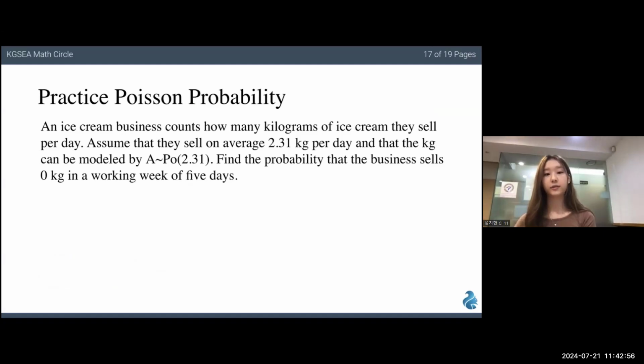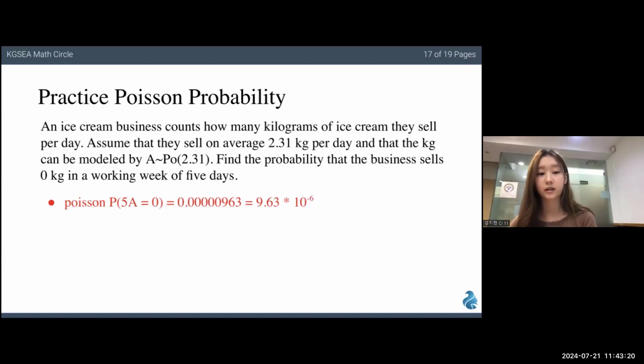Let's practice more Poisson probability. An ice cream business counts how many kilograms of ice cream they sell per day. Assume that they sell on average 2.31 kilograms per day, and that the kilograms can be modeled by random variable A with a Poisson distribution with mean 2.31. Find the probability that the business sells 0 kilograms in a working week of 5 days. Here's what you have to do.